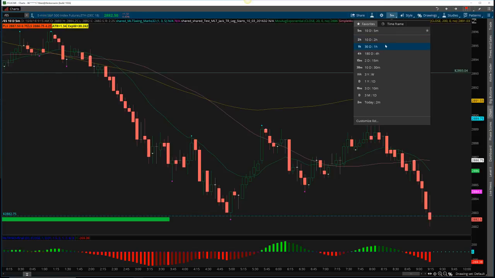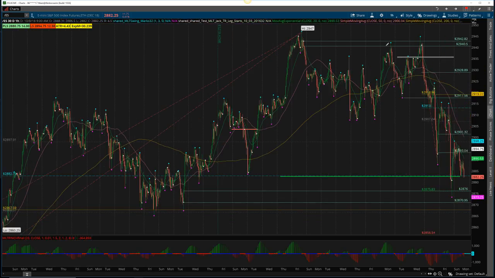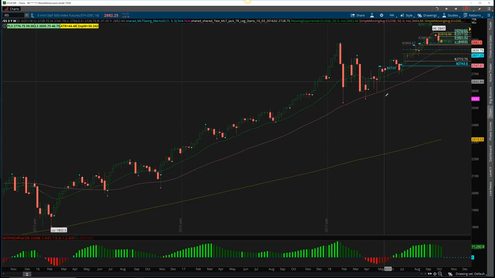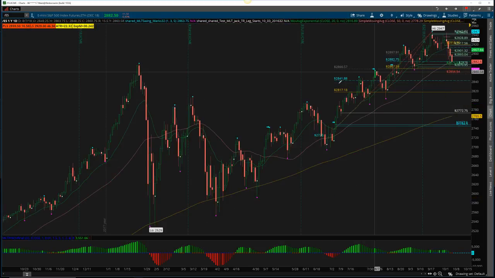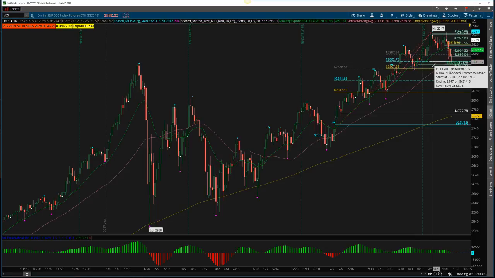For the S&P 500, we have the completion of the extension short on the prior day. Now, I do want to back out and look for potential daily support levels that we could have. Let's see. This extension is not yet broken.